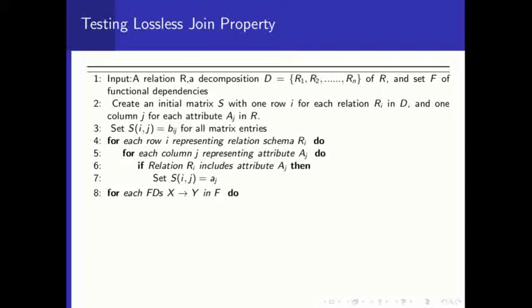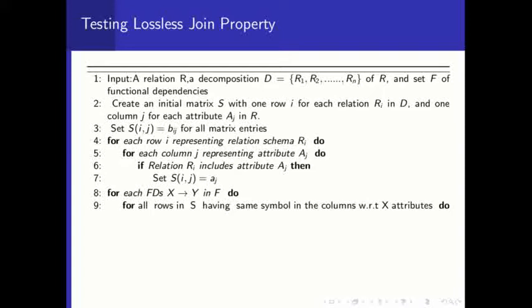Now for each FD X determines Y in F, do the following. We have a set of FDs also. X determines Y is an FD. For all rows in S having the same symbol in the columns with respect to X, there will be some a values.